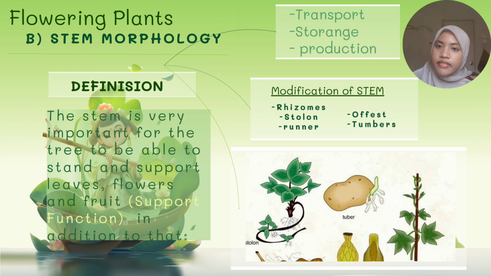So next, we have flowering plants' stem morphology. The stem is very important for the tree to be able to stand and support leaf, flower, and fruit, and we call it the support function. In addition to that, we have three functions: transport, storage, and production.